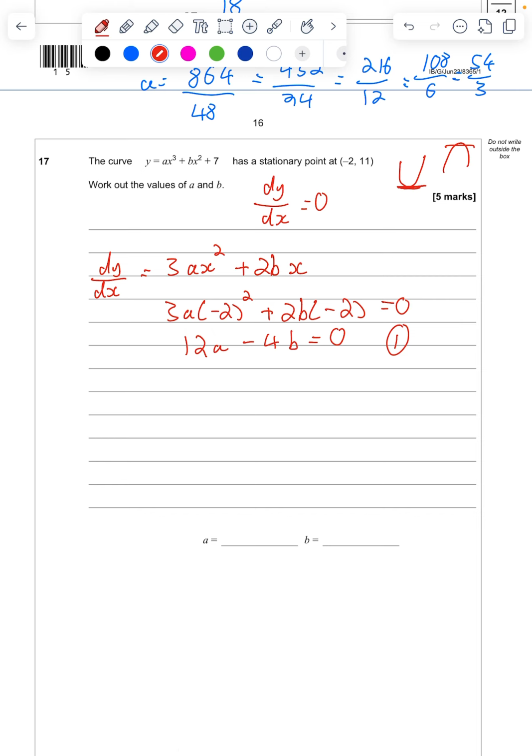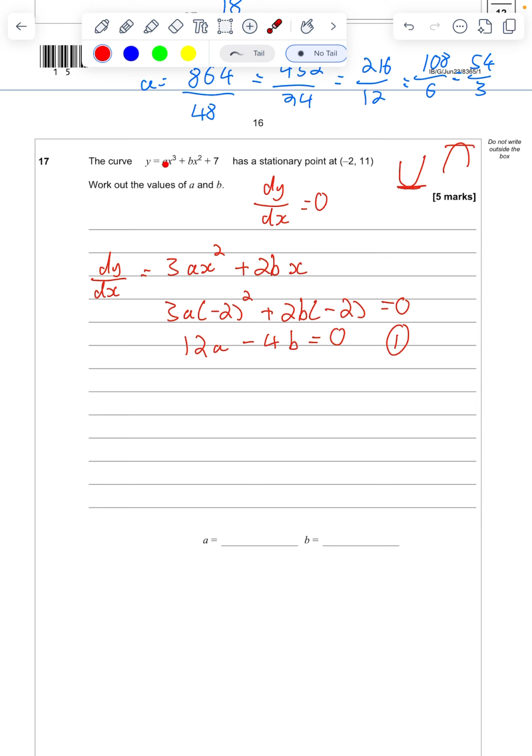I can do that as follows, because I can actually just go and put in the x and the y values into the equation to get myself a second equation. Okay, because this coordinate lies on the line. It's a stationary point, so that point will be somewhere down here or up here somewhere.